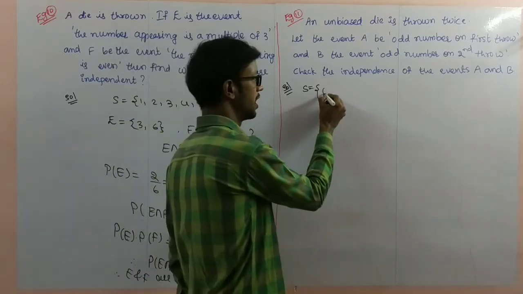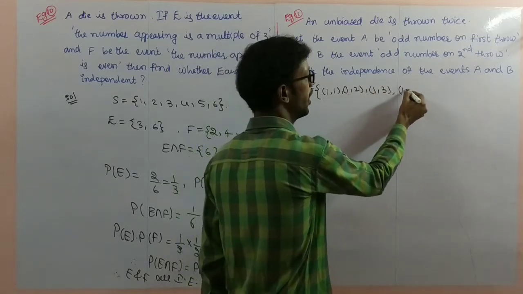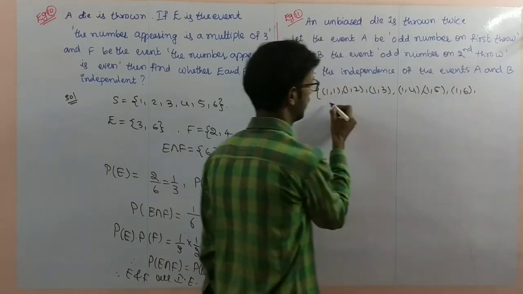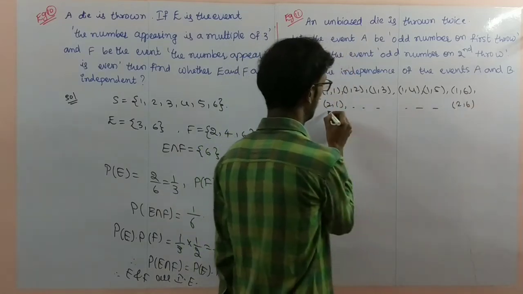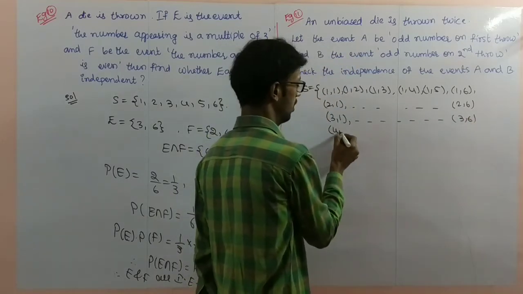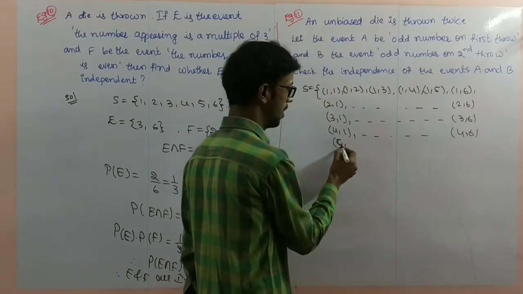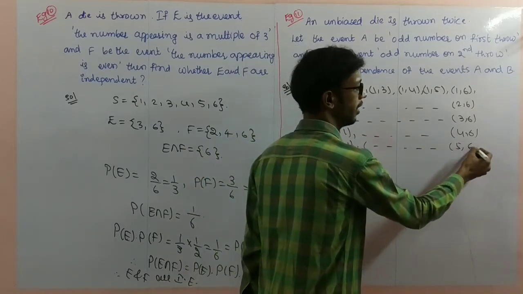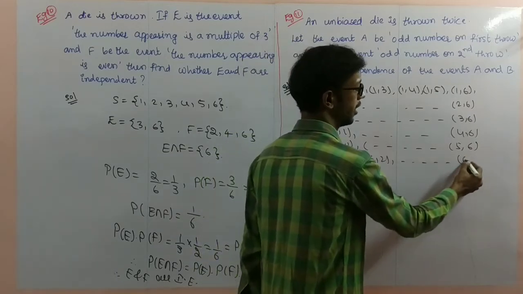The 36 outcomes generally I am writing: 1,1, 1,2, 1,3, 1,4, 1,5 and 1,6. Next 2,1, 2,2, and so on, up to 6,1, 6,2, 6,3 and 6,6.